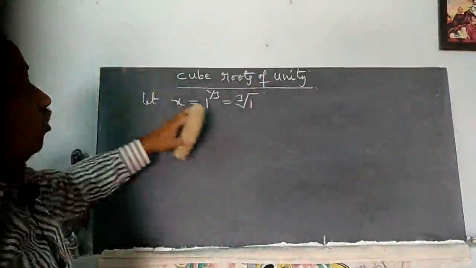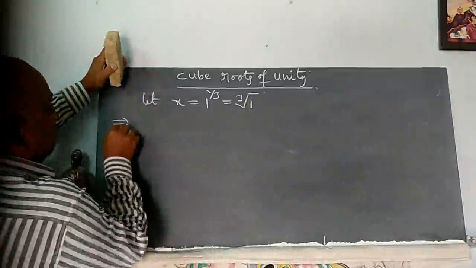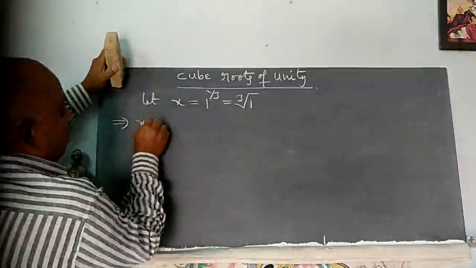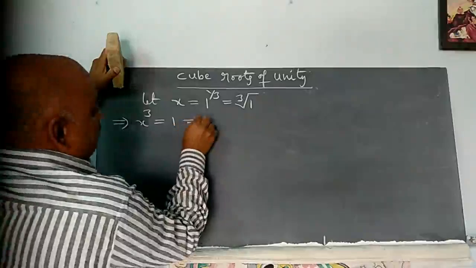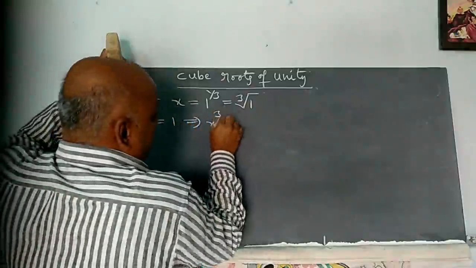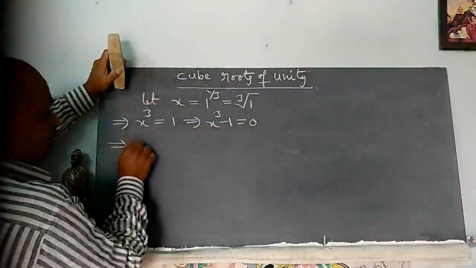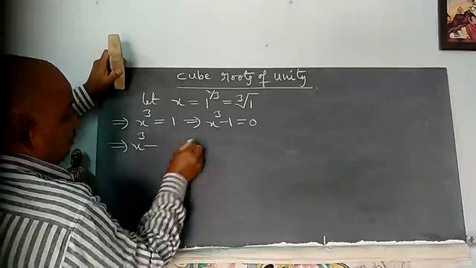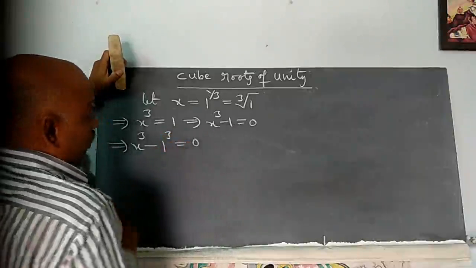It has 3 roots. So cubing on both sides, x cube is equal to 1. This implies x cube minus 1 equals 0, which can be written as x cube minus 1 cube equals 0.